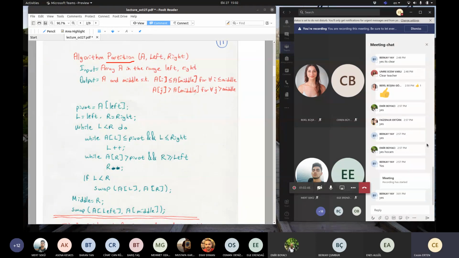So no guesses regarding the running time? What is the running time of these two lines of code?